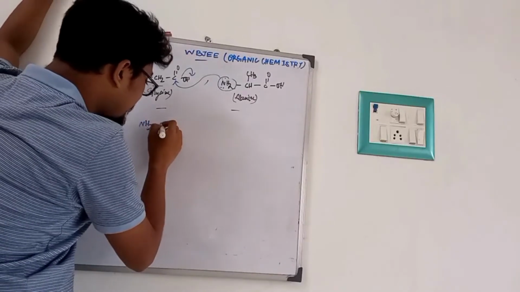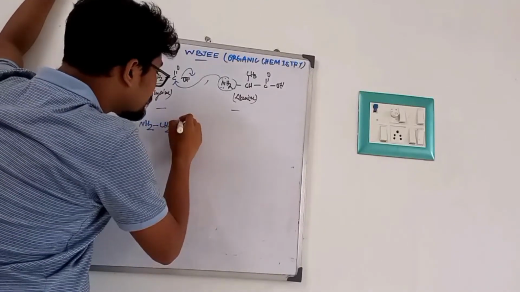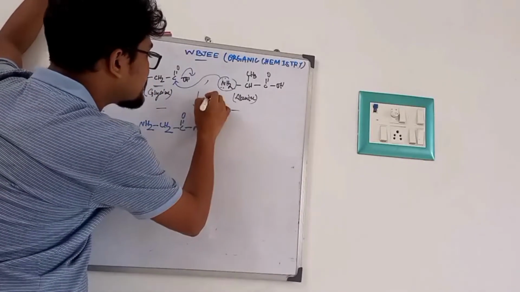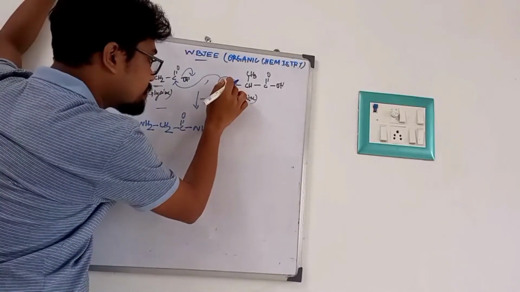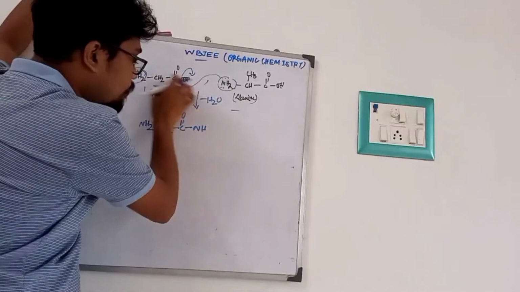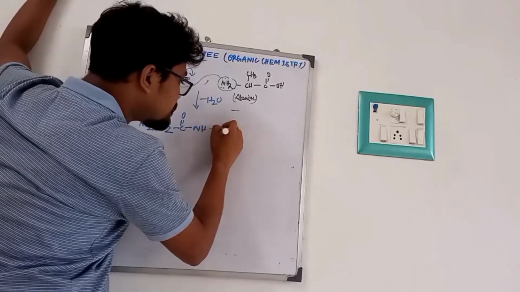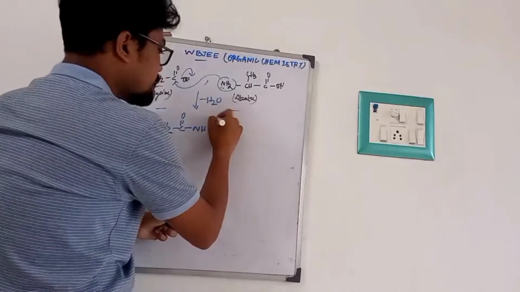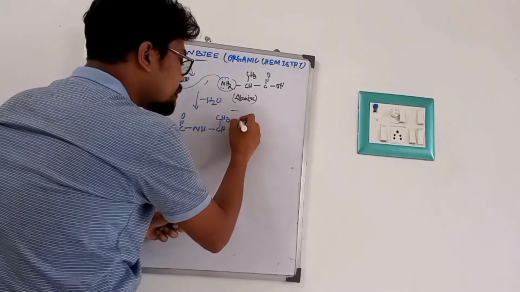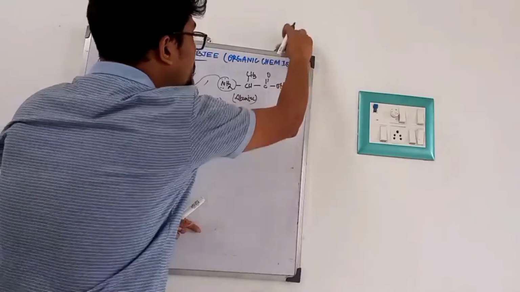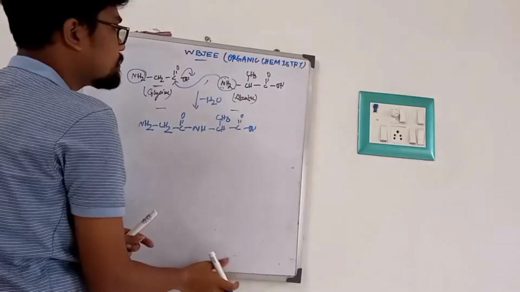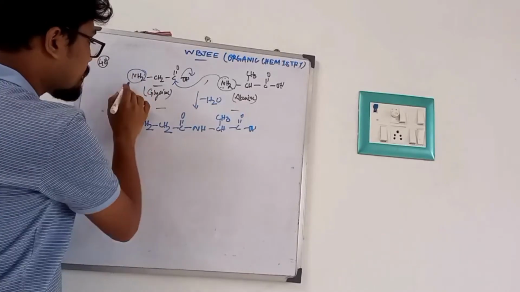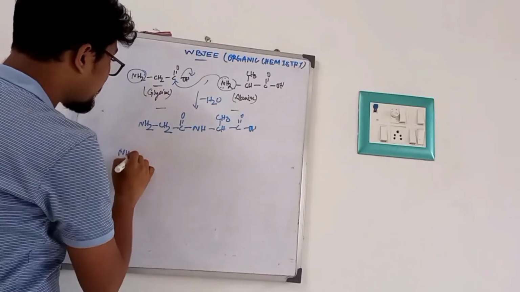Then NH2 CH2 C double bond O, this NH bond, okay, eliminates water, one hydrogen from this and the OH from the other. This CH and CH3, CH3 C double bond OH. Okay, first one, this one. Another possibility is that I am writing the structures here again.